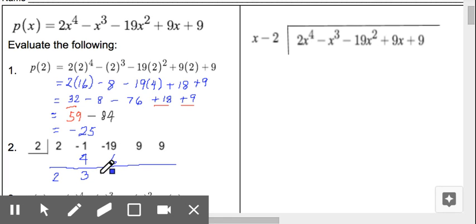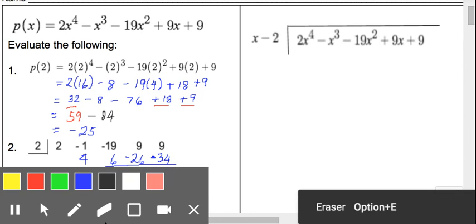Negative 19 plus 6 is negative 13. Negative 13 times 2 is negative 26. Negative 26 plus 9 is negative 17. Negative 17 times 2 is negative 34. And 9 plus negative 34 is negative 25.